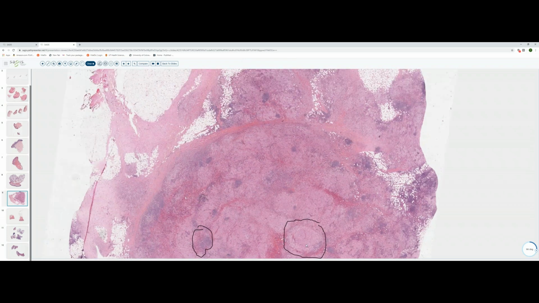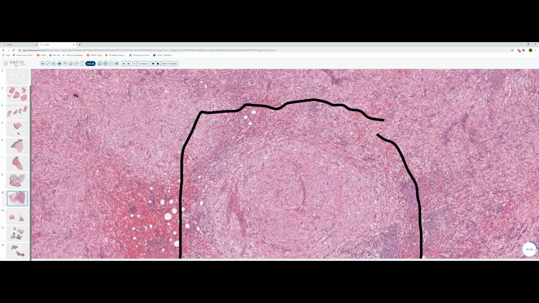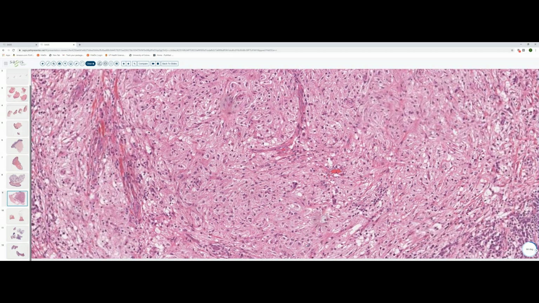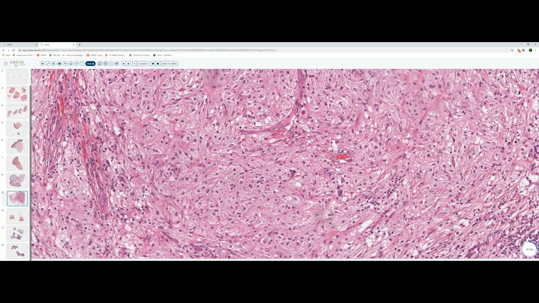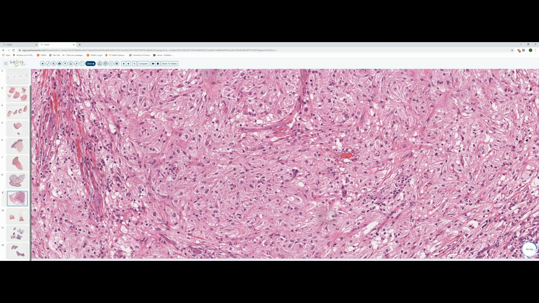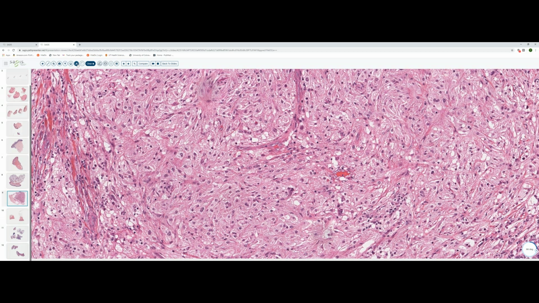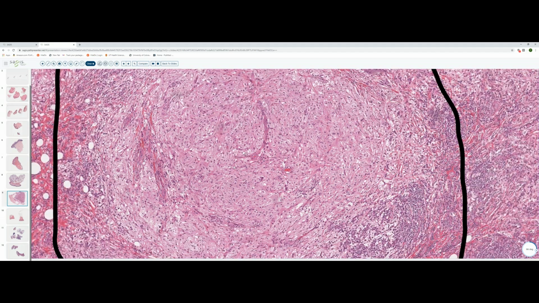And if we move to higher power, we can see that these clear staining cells have pale, kind of pink staining cytoplasm, uniform nuclei, and again, this abundant cytoplasm. And then within the cytoplasm of some of these cells, there were lymphocytes, an occasional plasma cell, kind of passing through the cytoplasm, so-called emperipolesis.